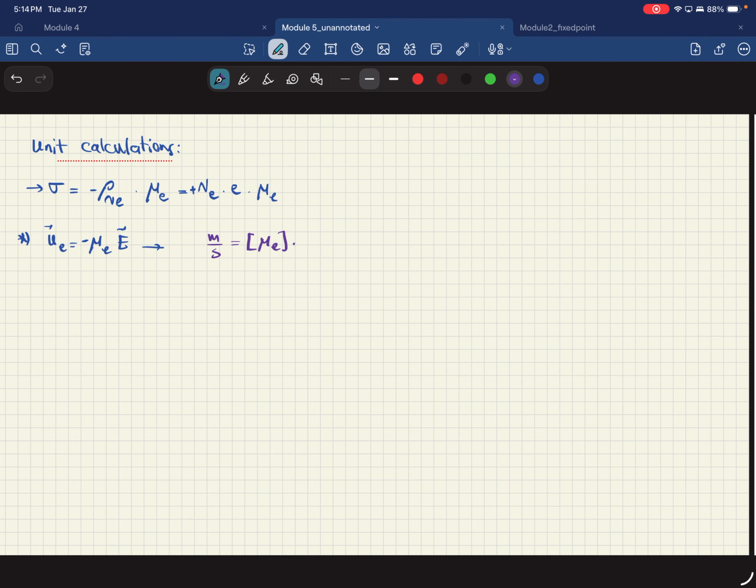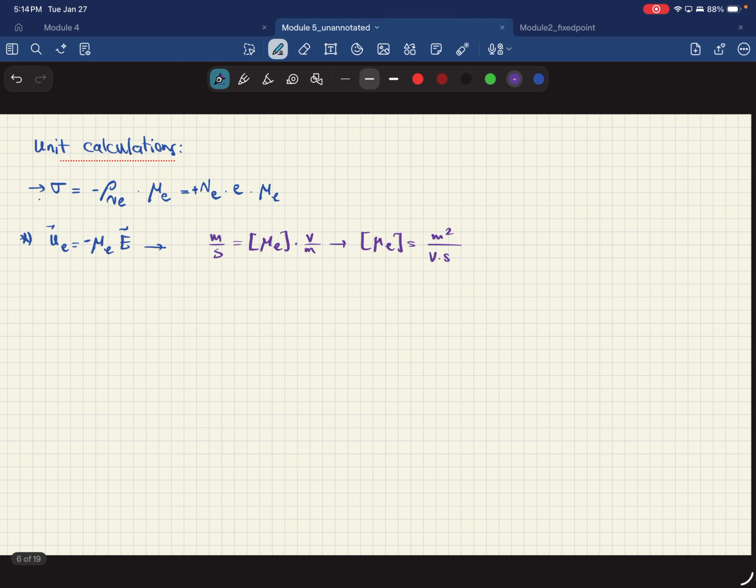Volt per meter. So the unit of mu E is going to be meter squared per volt second.